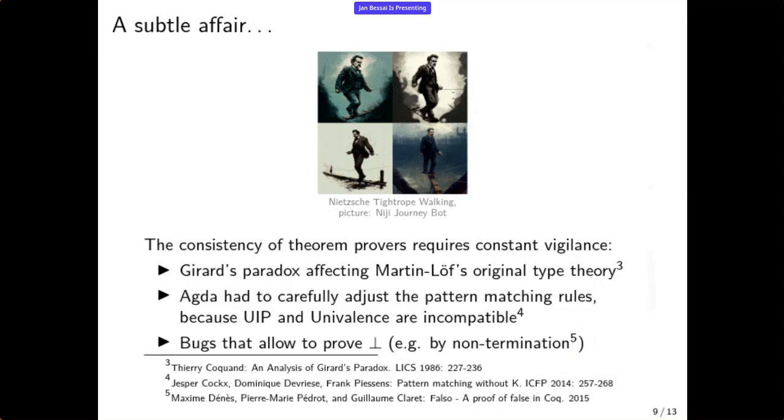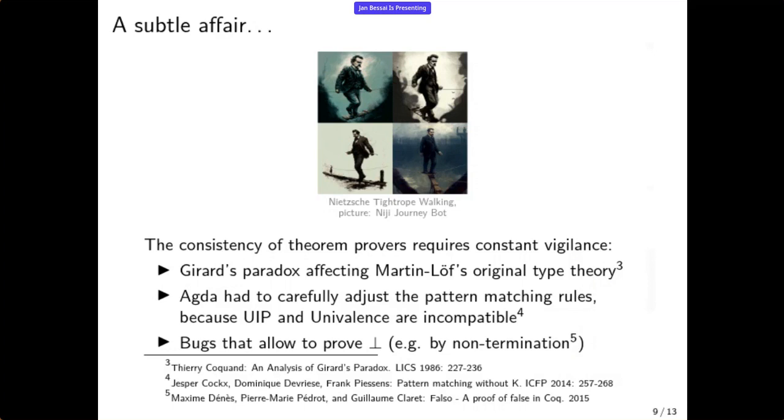However, there's also other things that go even beyond just implementation bugs in theorem provers. It might be the case that by some very subtle thing, like for example, if we take incompatible assumptions into these provers, we might also end up with an unsound system.